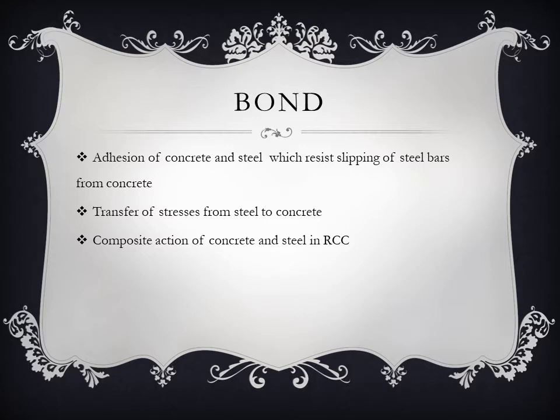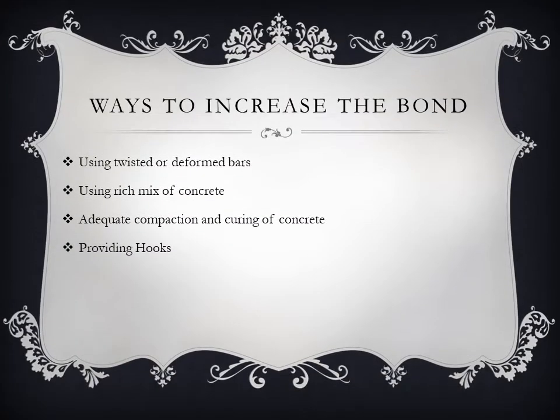Now, the bond between steel and concrete can be increased by using twisted or deformed bars, using a rich mix of concrete, adequate compaction, and curing of concrete for proper settling. Compaction means when you pound it and get rid of the voids of the mold.